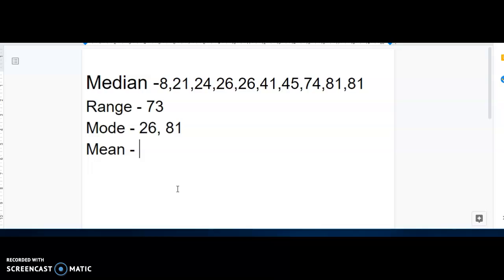I used a calculator to add this up, and I did it twice to make sure I had the right answer. When I added all the numbers up, I got 406. Now 406 divided by 10. Everything moves one place to the right, doesn't it? So my answer is going to be 40.6.